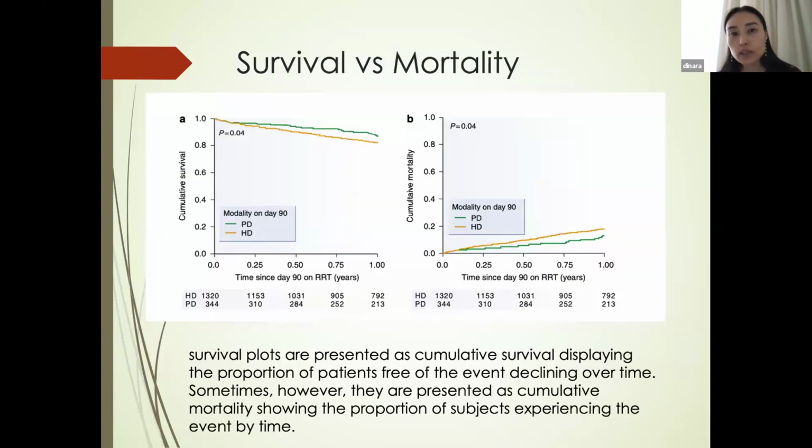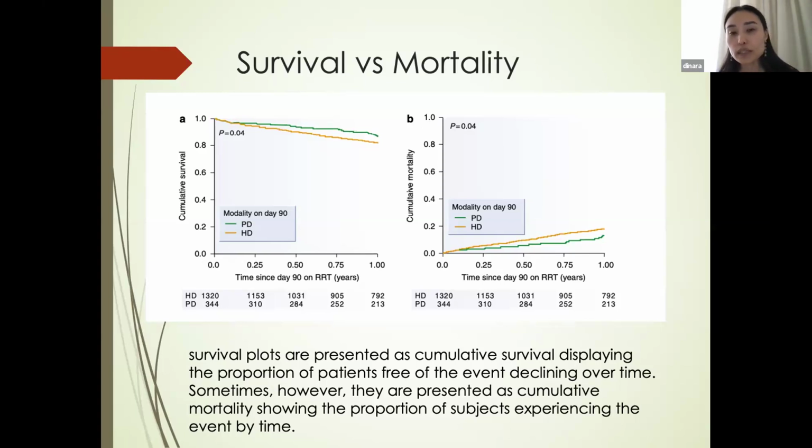So, for example, here we compare survival between different modalities, for example, patients started on renal replacement therapy using hemodialysis or peritoneal dialysis. We can compare survival between these two groups, and we use the log-rank test to assess the significance level. In this case, the p-value is 0.04, so it means there is a statistically significant difference between the two dialysis modalities.